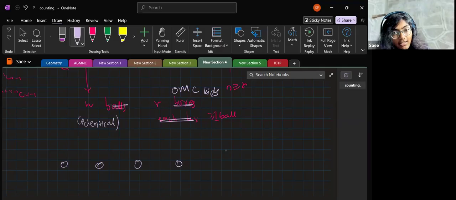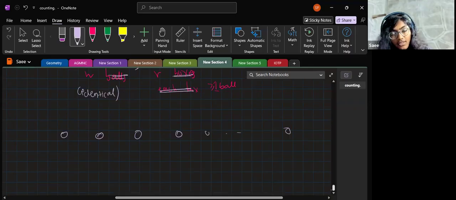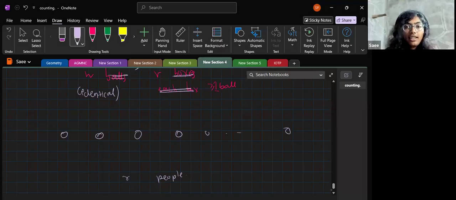And not balls, you will give out chocolates, because that's better. So imagine these balls are chocolates and you want to give them out to r people. Earlier we solved the question of when these n chocolates are all distinct.